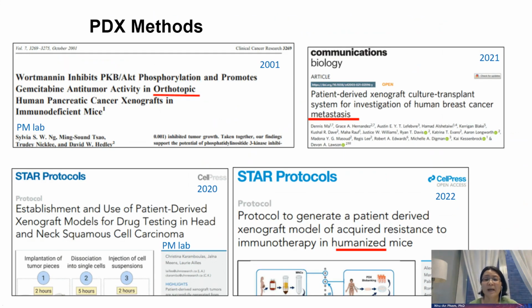Now, I'd like to quickly acknowledge that we've described that from one of our research labs here in the lower left panel for the subcutaneous flank method, but we also have PDX of other methods, for example, the orthotopic implant, where tumors are implanted at the original primary site, or we can have PDX that represents characteristics of metastasis functions, and also PDX that have an immunohumanized mouse component for drugging strategies using immunotherapy. So there are various ways to establish PDX.